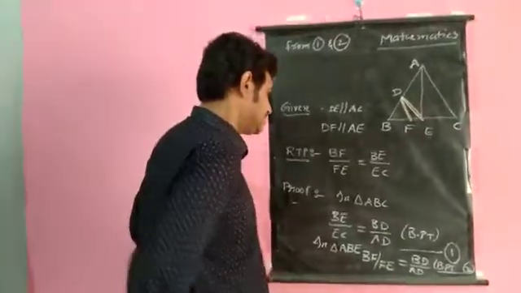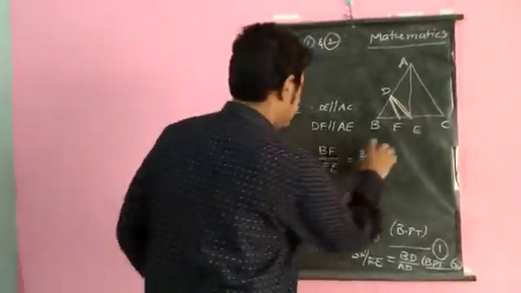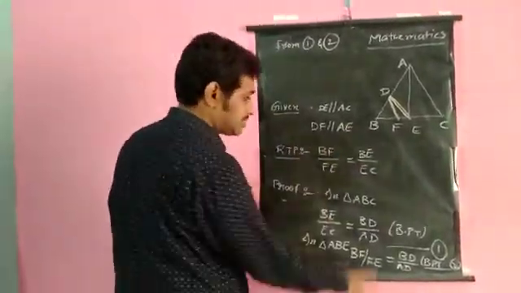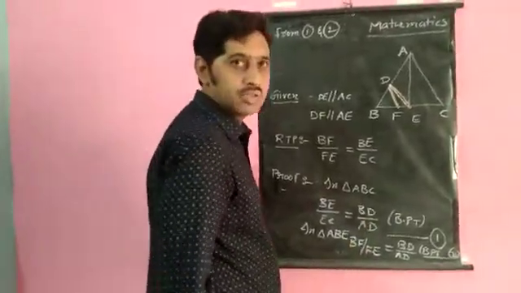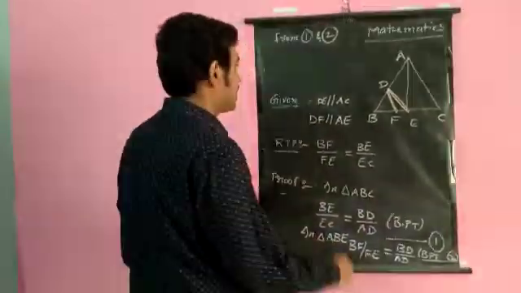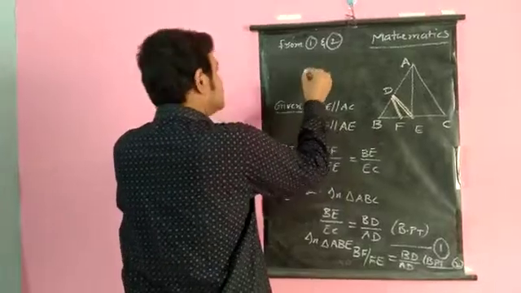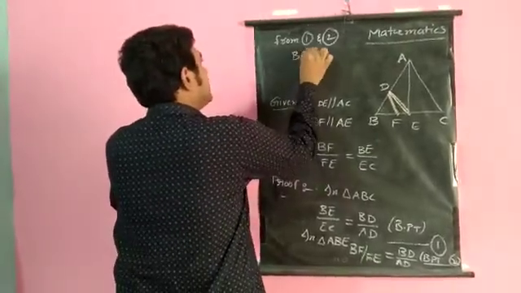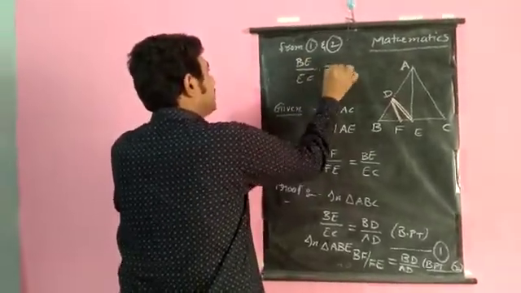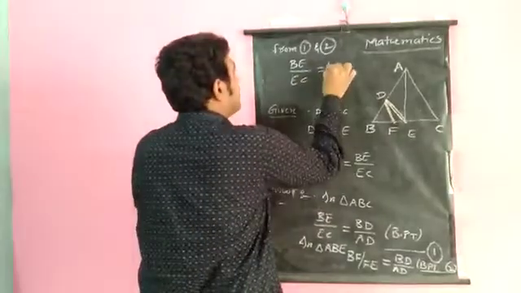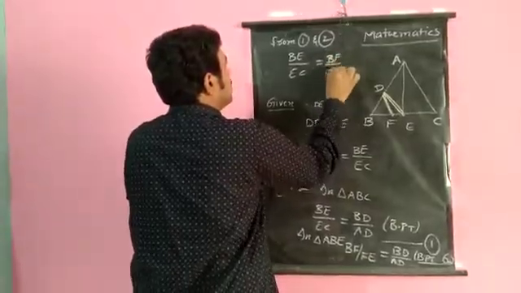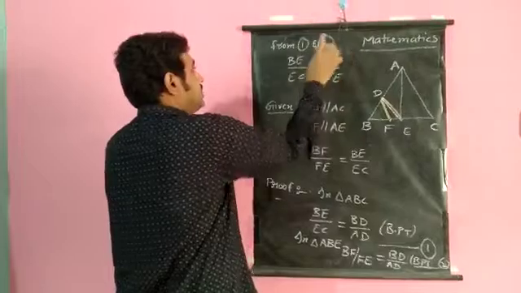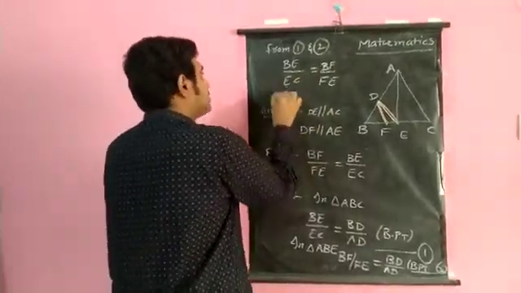So these two are equal to each other. I can write BE by EC equals BF by FE. Comparing these two equations, this is our RTP, hence proved.